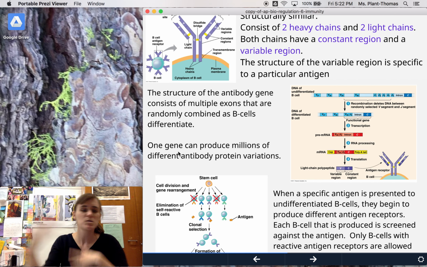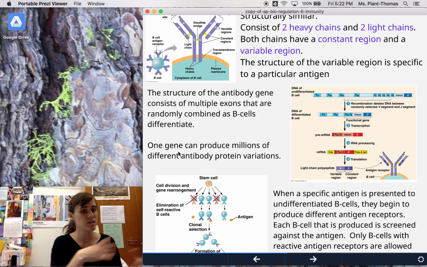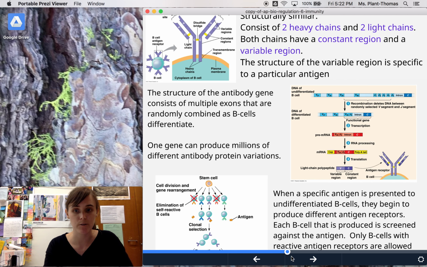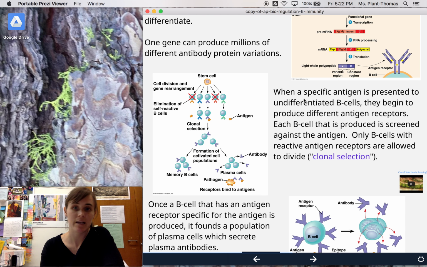And they're constantly producing all these different types of antibodies. And then they have clonal selection and they produce a whole ton of it. So that's what is explained in this image. So we have a whole bunch of different types of antibodies.